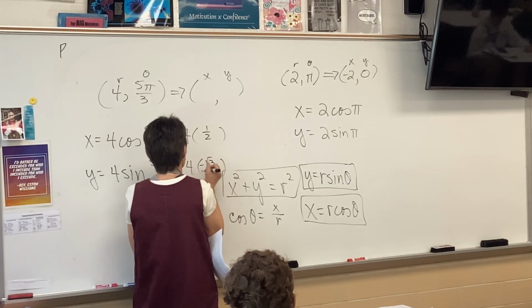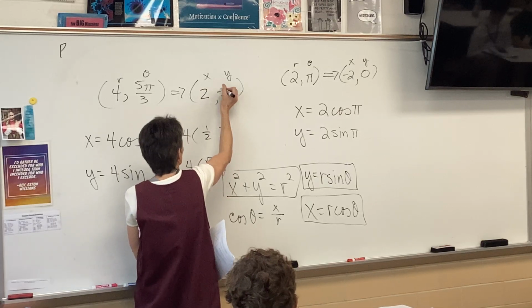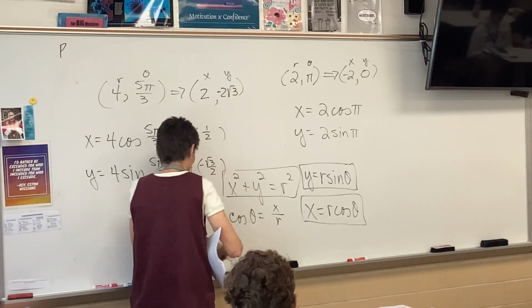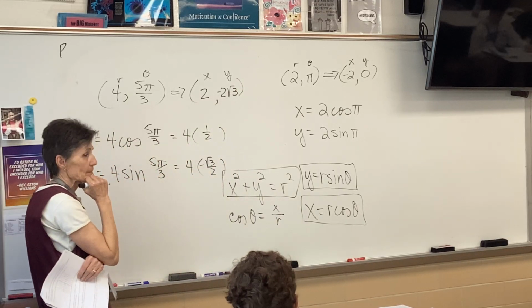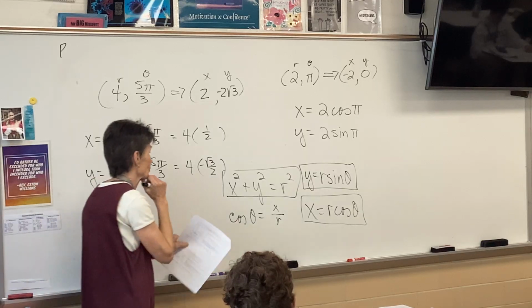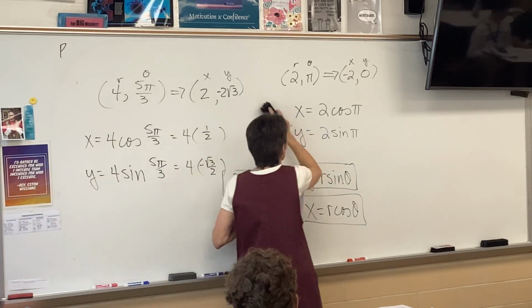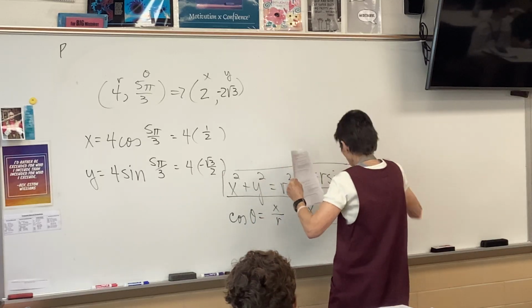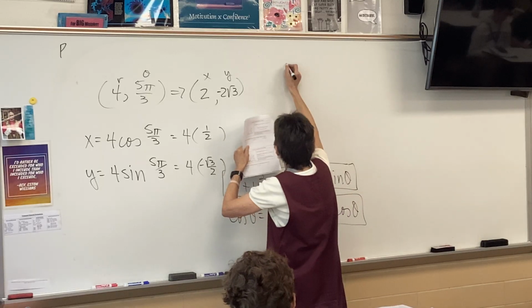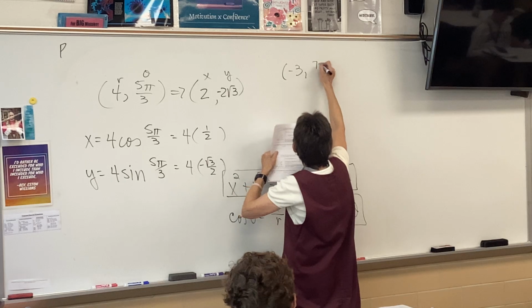Wait, sorry. It's going to be positive. It's negative, yeah, negative times 4. Negative 2 root 3. And then there's negative 2. Okay.